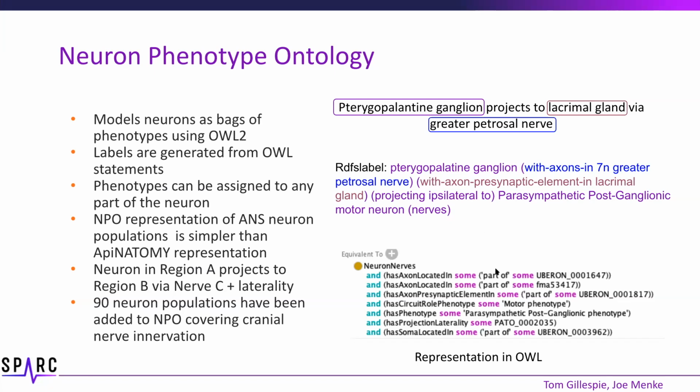And for those of you who are interested in knowledge representation, this is the way it is represented as a set of OWL restrictions, again, referencing the same set of common identifiers that we're using in the ApiNATOMY model. So currently we have about 90 neuron populations that have been added to NPO, largely covering the cranial nerves, in order to augment the information that we have via ApiNATOMY.